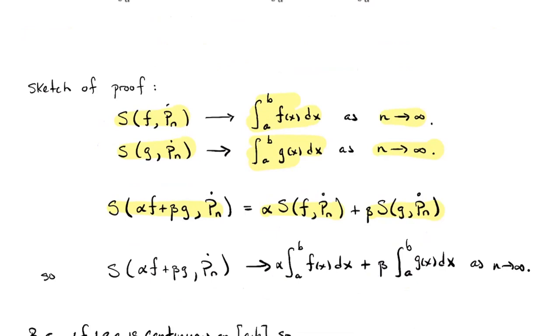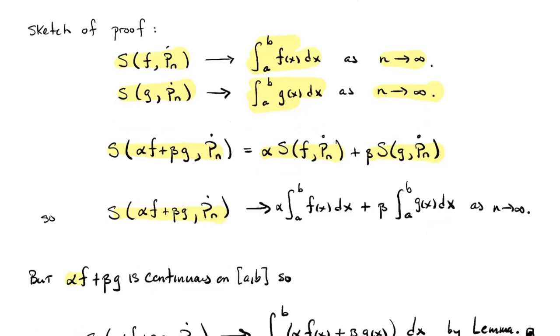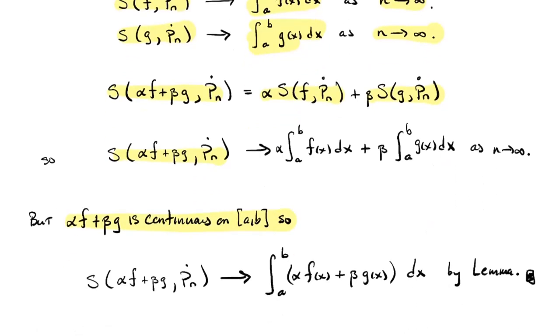So this Riemann sum for the linear combination alpha f plus beta g converges to the linear combination of those definite integrals. But alpha f plus beta g is a continuous function on a to b. So our lemma at the beginning of this lecture says that the Riemann sums for alpha f plus beta g converge to the integral of alpha f plus beta g over the interval.